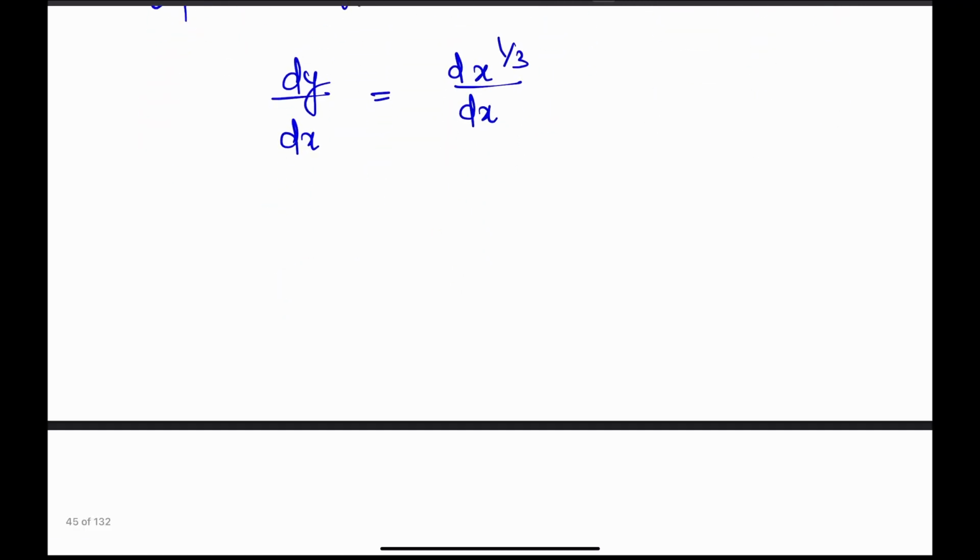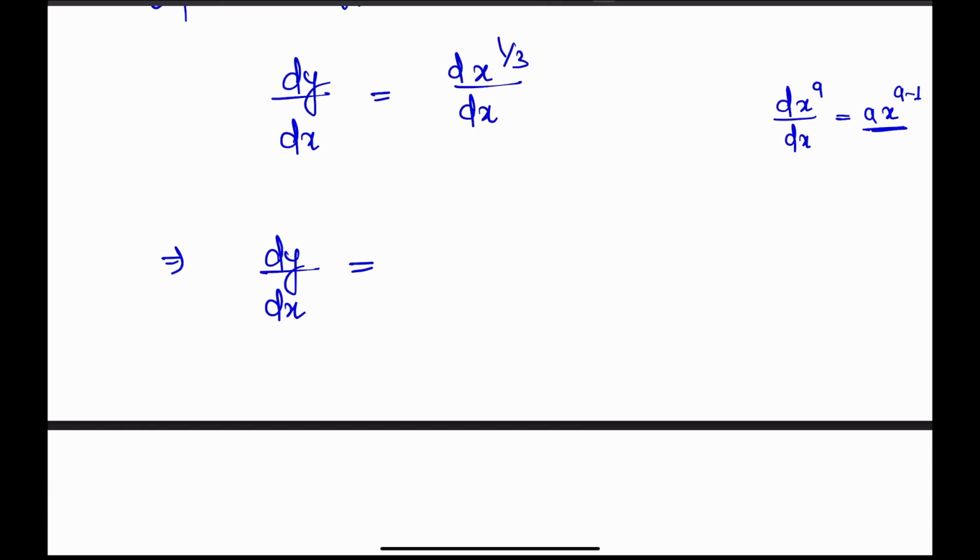Those who already know: the differentiation of d of x to the power a upon dx is a into x to the power a minus 1. This is the differentiation.